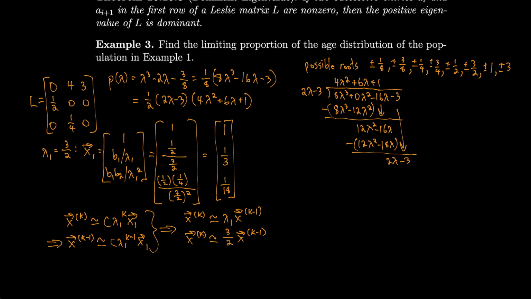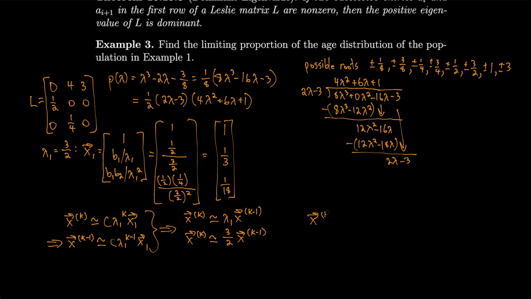Because if xk is approximately equal to that and xk minus 1 is approximately equal to that, the only difference between the two is the power of lambda. So we just need to multiply by lambda to get from xk minus 1 to xk. So we'll just multiply by 3 over 2.